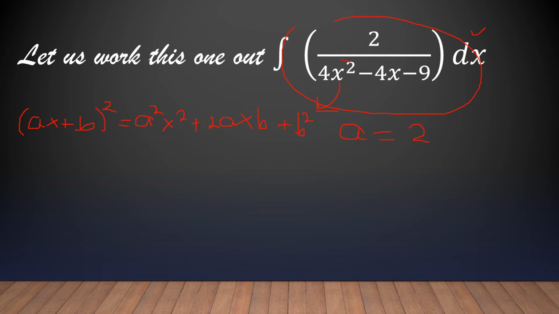Comparing the second part here with this one, I can trace that my b here is -1, because I have 2 and 2, because our a is 2, so I have 4, right? So the negative sign here is coming from my b, so negative b.